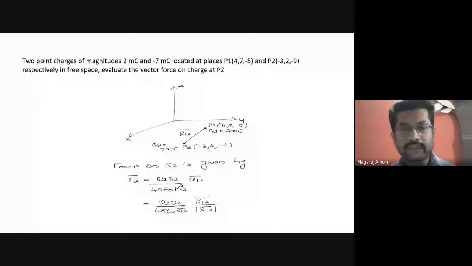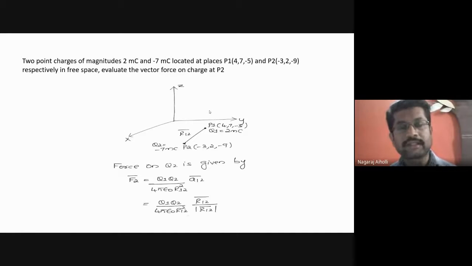It need not be exactly according to the coordinates. Just some random point I'm assuming, P1 of (4, 7, minus 5) here in this XY plane. Then P2 of (minus 3, 2, minus 9). You can assume this in the YZ plane also and the XZ plane also, but you have to assume it in such a way that it is suitable.